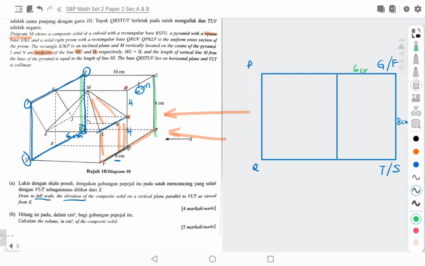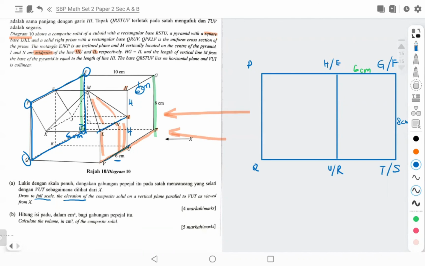6 cm. Then same thing, you label H, and at the back is E, right? Then here is U, R. Can follow? Okay, after that, the next part.